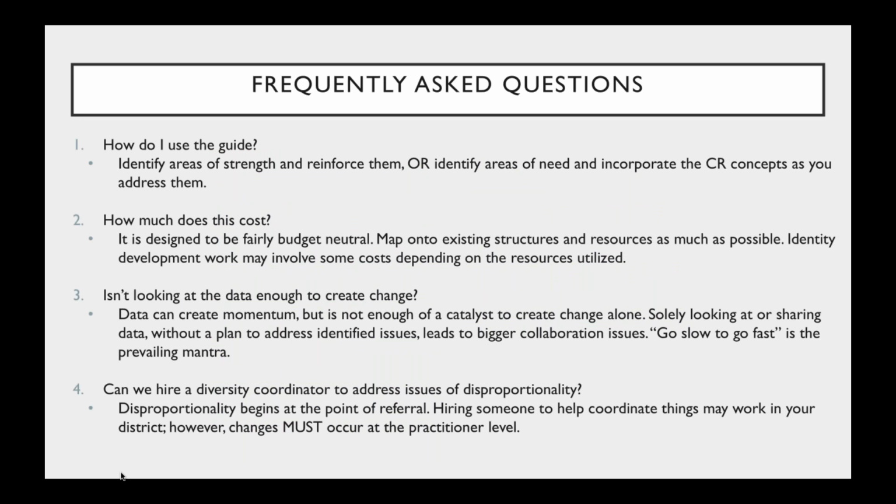I think we've addressed many of these questions already, but when you think about using the guide, again, I'll just reiterate, identify an area of strength on the TFI at the tier 1 level for your building, and you may want to reinforce that with a CR enhancement that you can find in each of the items in the guide, or identify the areas of need and then incorporate the CR concepts as you address them. But again, another bullet under there should be that you have to do that identity work as well.